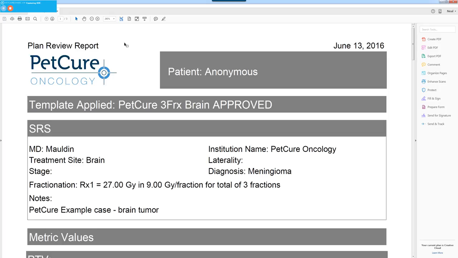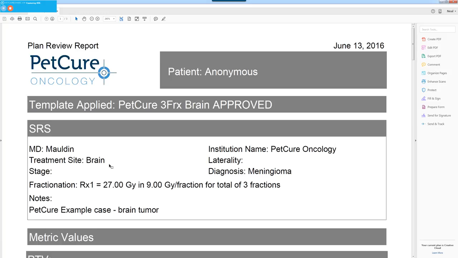So this is a test case, but if this was a patient that was being treated, then you would see that I would be the planner, and then before this plan could be released for therapy, it would have to be reviewed by a second PetCure radiation oncologist and ensure that the metrics all fall within acceptable ranges, and then released for treatment for that individual patient.